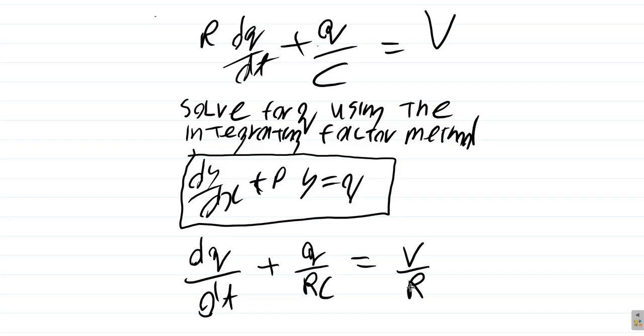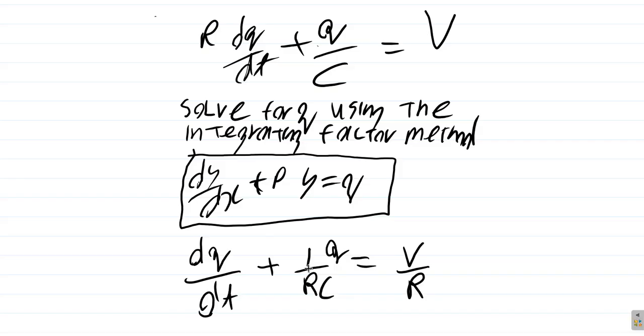Now let me rewrite this part like this: 1 over rc times q. So there we go with that.